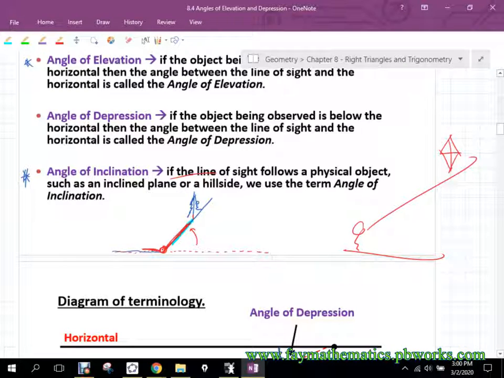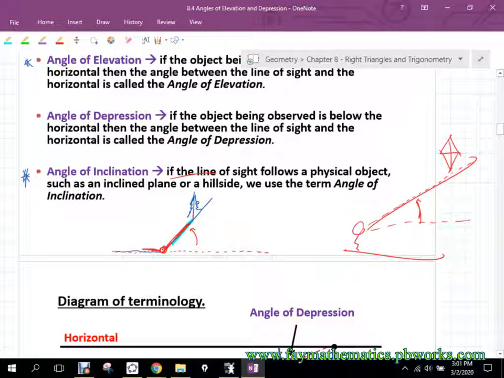The angle of inclination: my string on my kite plays a double role as the line of inclination or the line of sight, because if you're looking down the string of your kite, your line of sight would be following that physical object, the string, right?